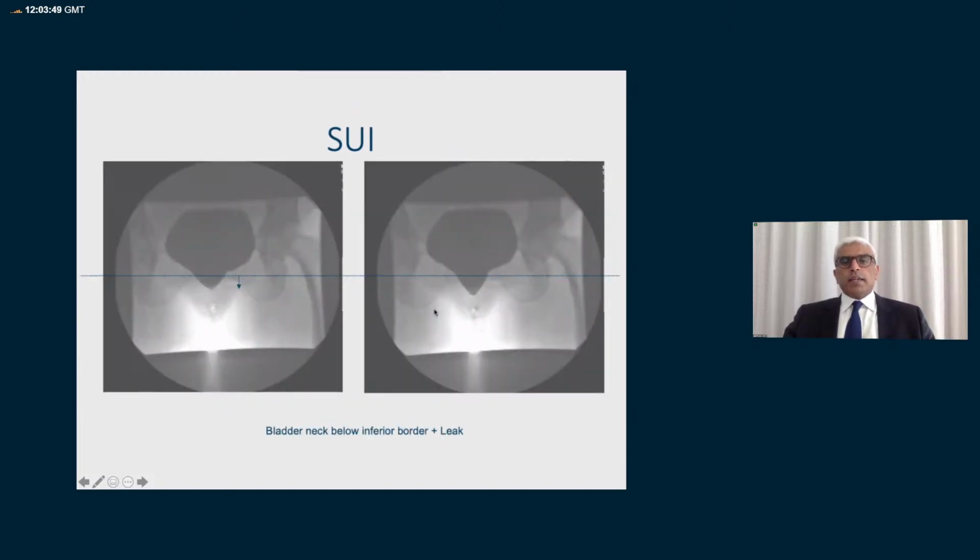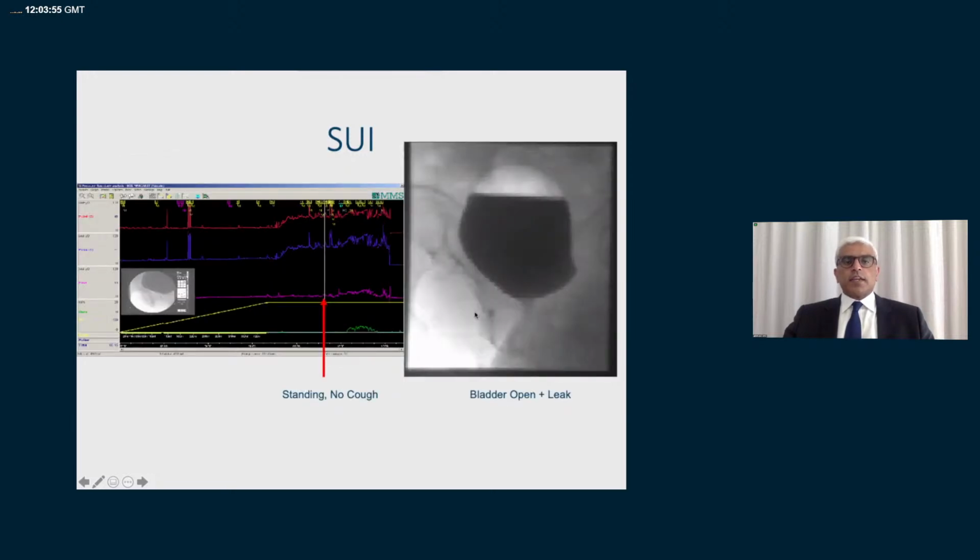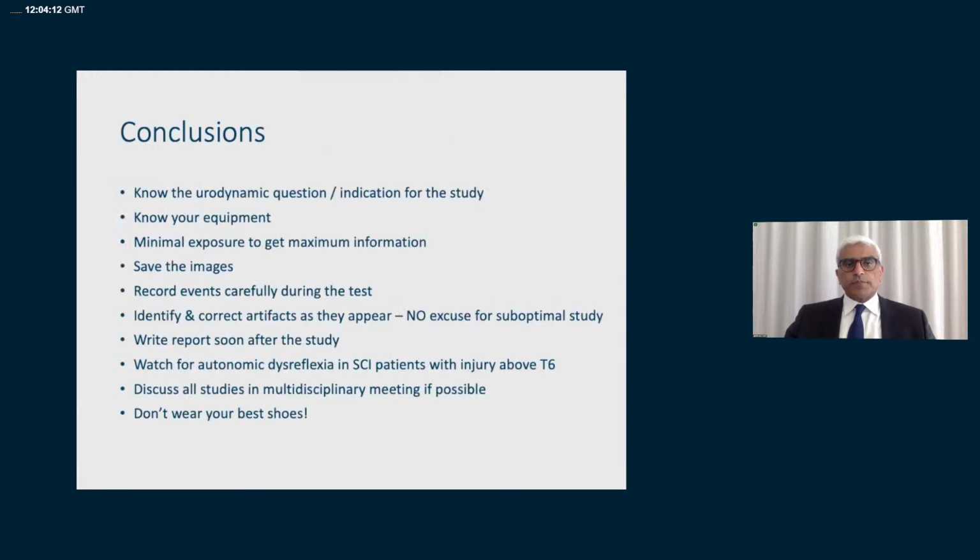In type 2B, it starts below the inferior border of the symphysis and descent is further. And type 3 is intrinsic sphincter deficiency. It's important to do video urodynamic studies because if you know what type of incontinence it is, it can help counseling the patient with various types of anti-incontinence surgery.